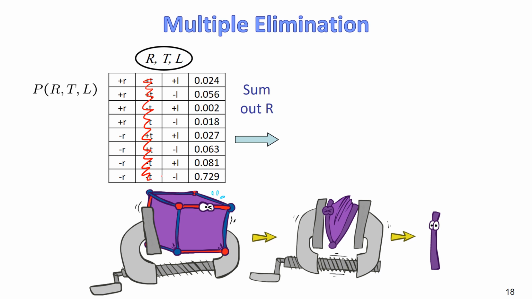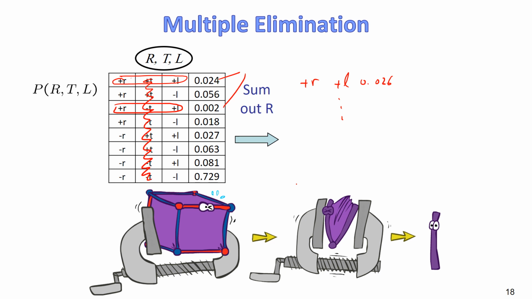When we cross over this column, now we have plus R and plus L. So we'll add the probabilities for plus R and plus L. We have plus R and plus L here. We have plus R and plus L here. So that will be the sum of these. So we'll have plus R plus L and 0.026, I think. And same for the others.